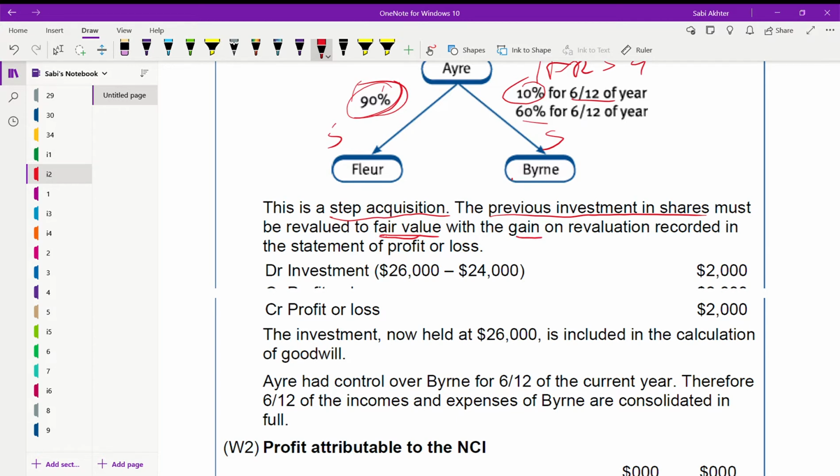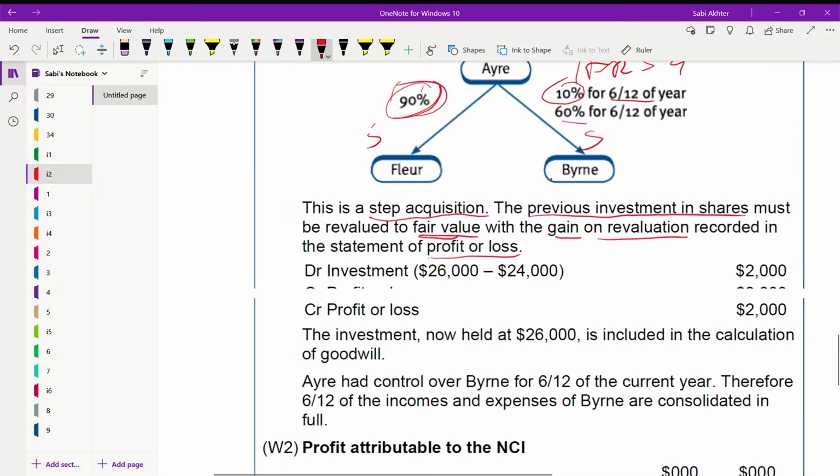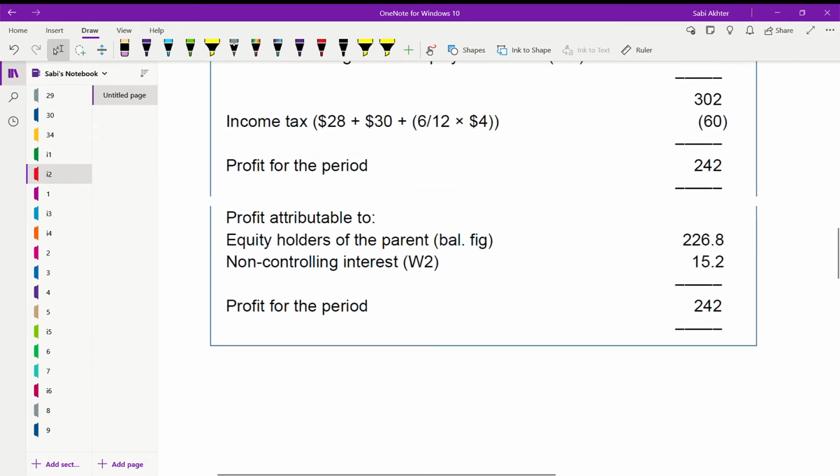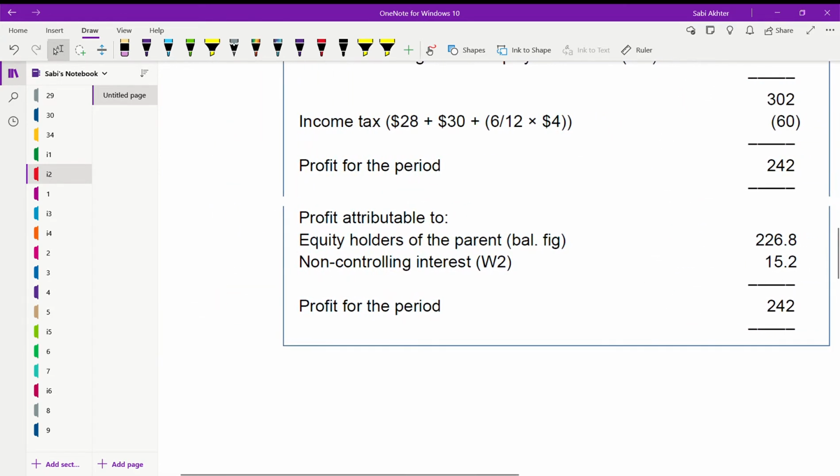The gain on revaluation will be recorded in the profit and loss. How much is that gain? You can write this in the group structure only. There's no separate working for that.